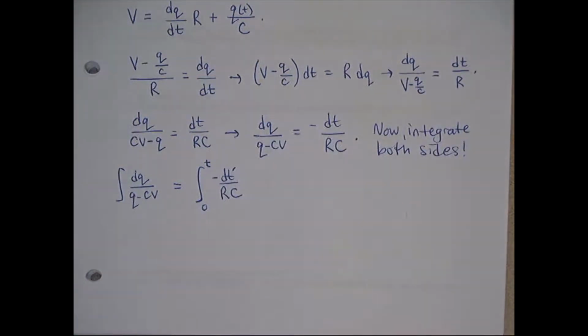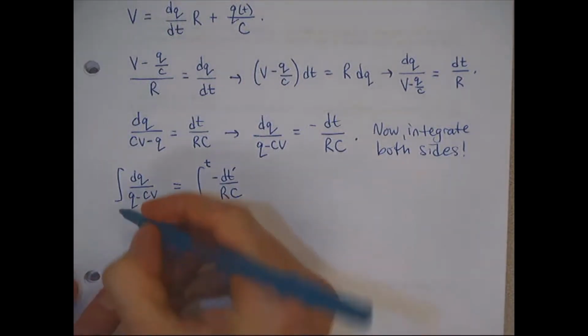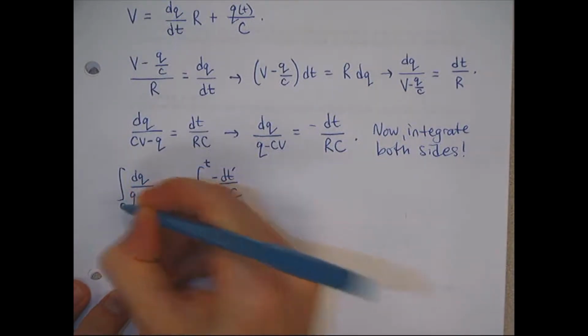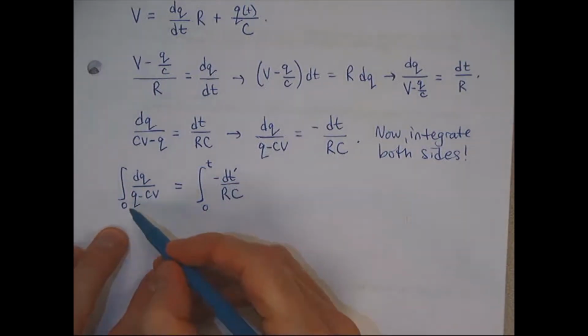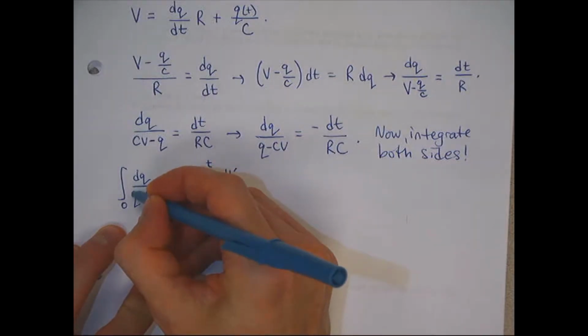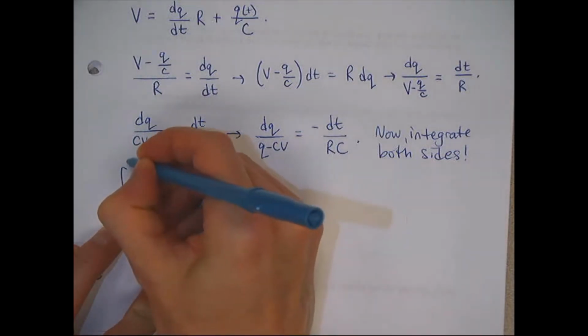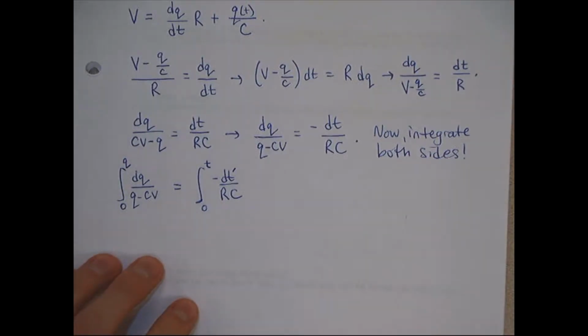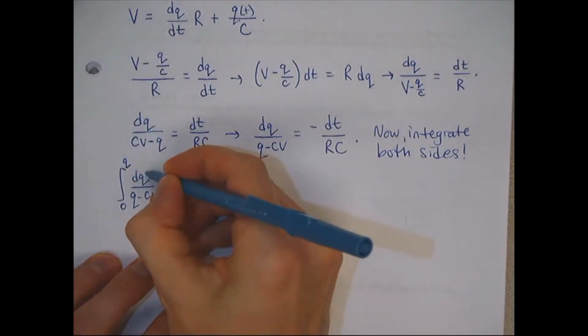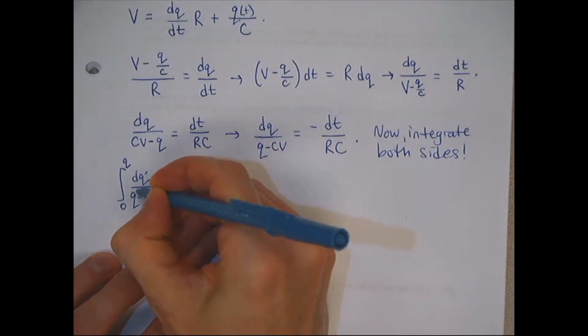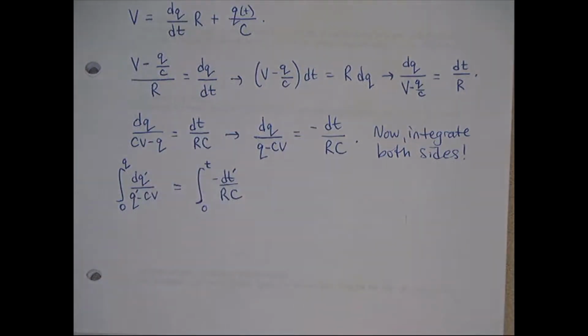That means I should specify a dummy variable of integration, t prime. I'll do the same thing on the left-hand side. The capacitor began with 0 charge, and it will end up with some amount of charge, lowercase q, after a time t. So we'll specify q prime as the variable of integration.